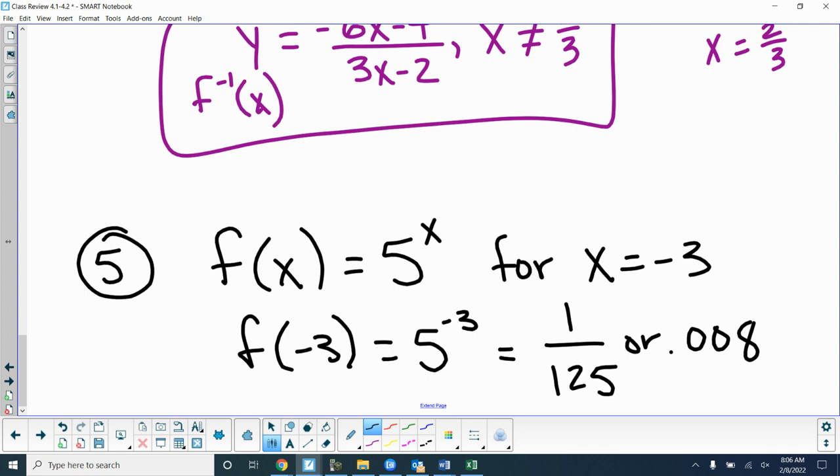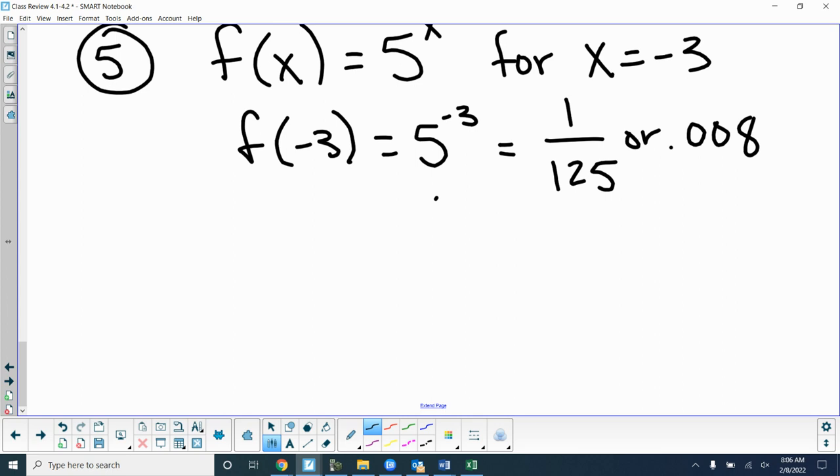And then number 6 is a word problem. It says the function below gives the amount of medication in milligrams in a patient's bloodstream T minutes after the medication has been injected into the patient's bloodstream. All right.